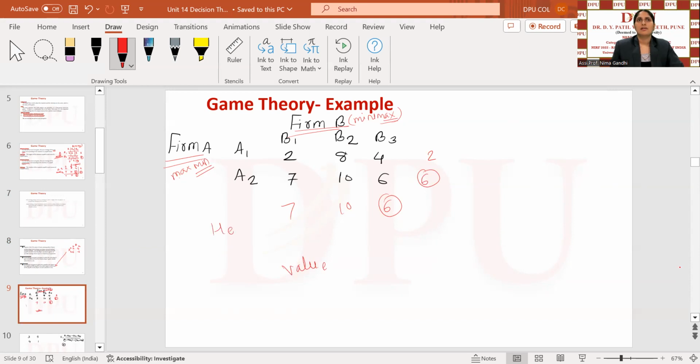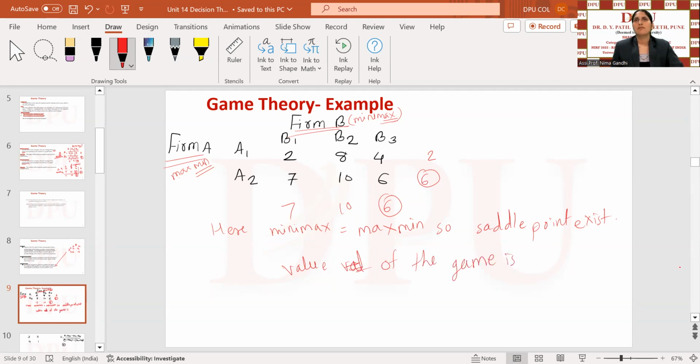You can say, right, that here minimax is equal to maximin, so the saddle point exists. And if the saddle point exists, the value of the game is the value at the saddle point, which is 6.